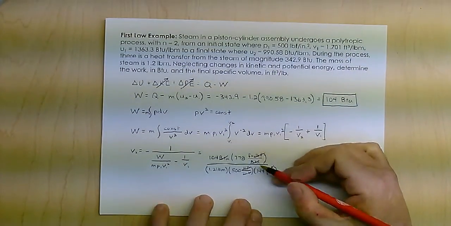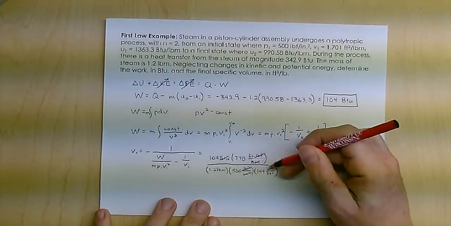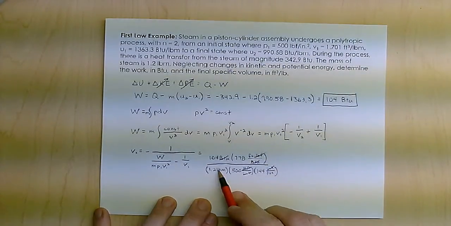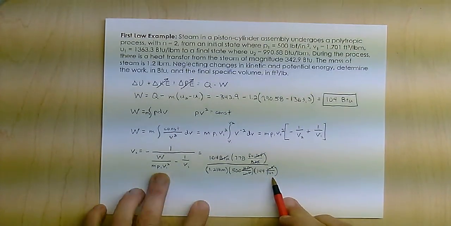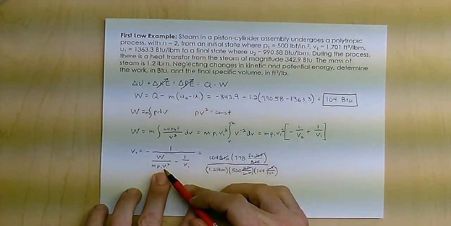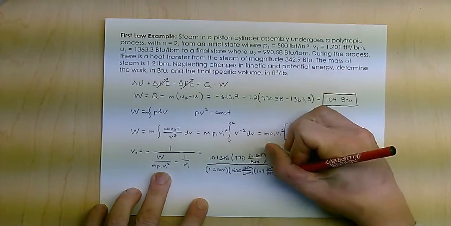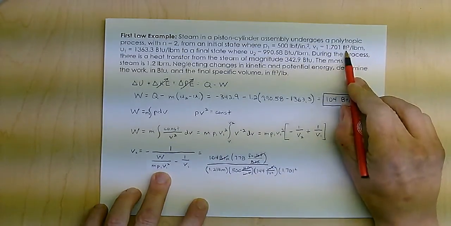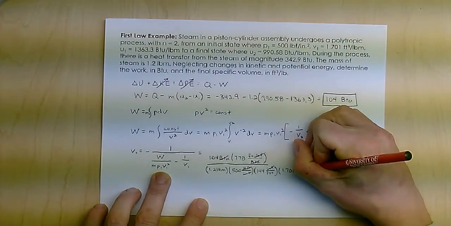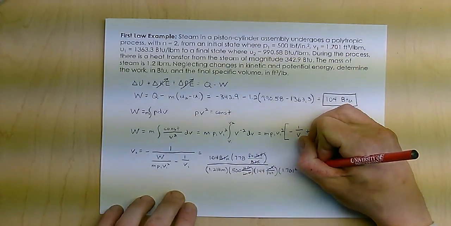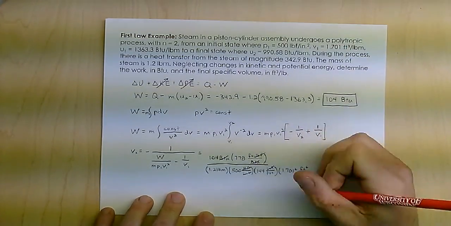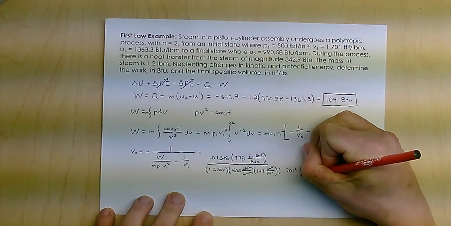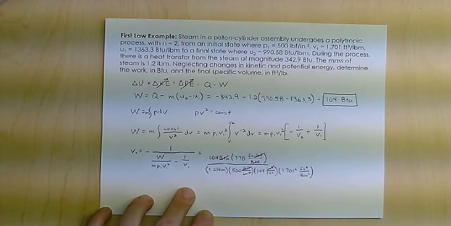So all I'm left with now is pounds per cubic foot. However, I'm now going to take it times V1 squared, which is 1.701 squared times cubic feet per pound mass, which would actually be feet to the sixth over pound mass squared, because I'm squaring this.